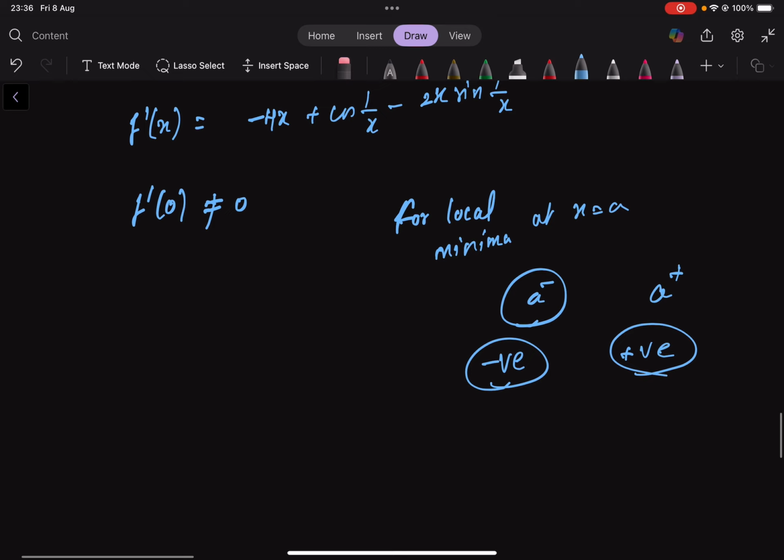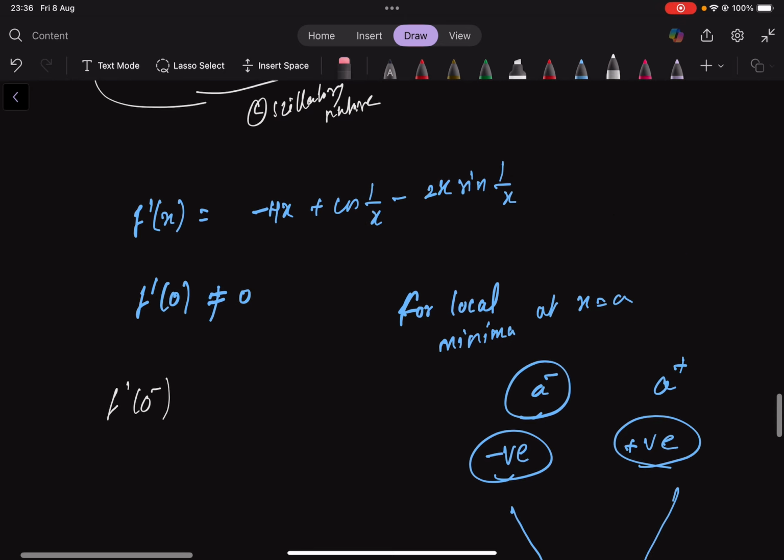So if the function is decreasing and then increasing, that's where we'll have the local minima. So here we can try to find what is f dash of 0 minus.